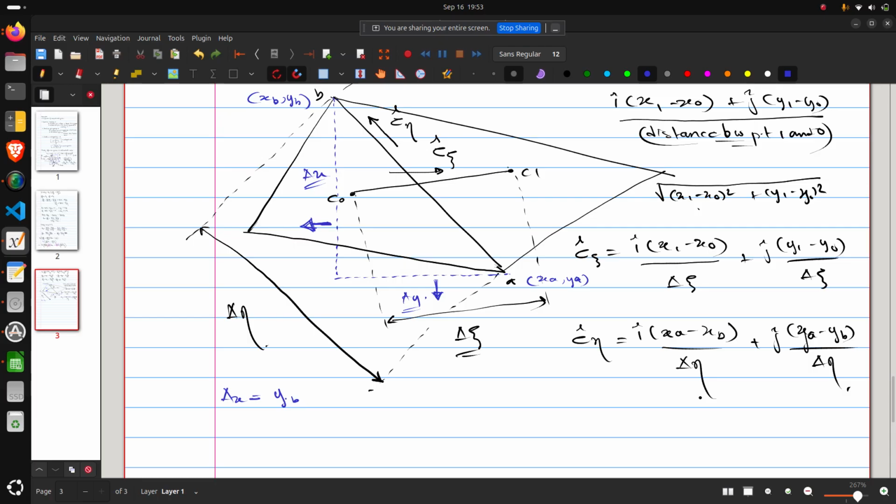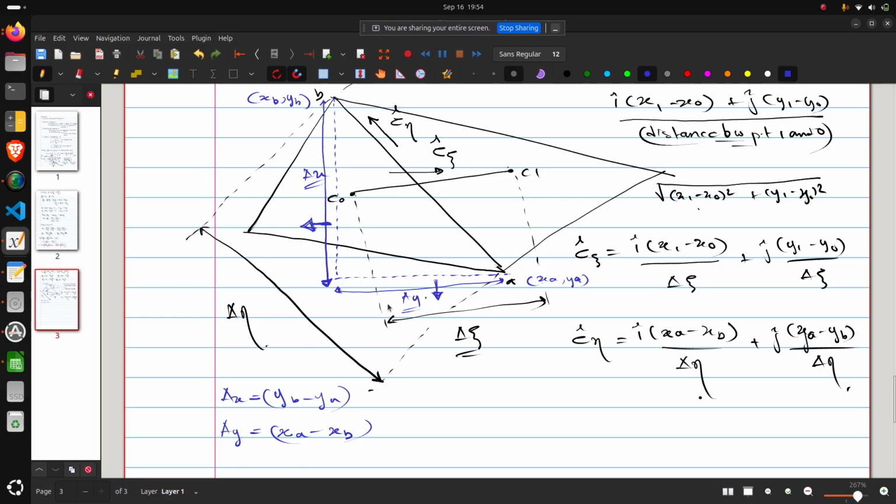So now the ax value will be nothing but yb minus ya, and similarly the ay will be nothing but xa minus xb. It is nothing but this distance, and this distance.